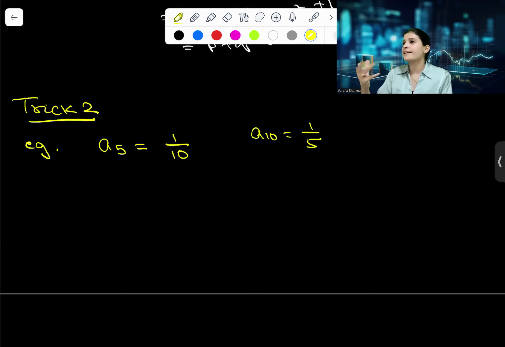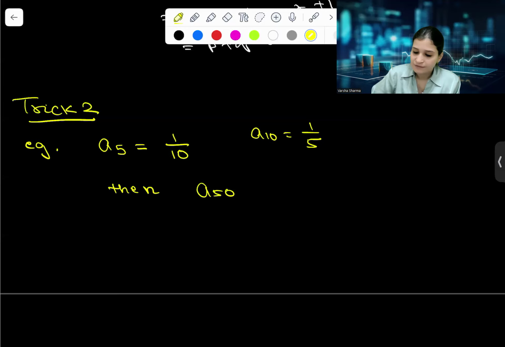Same thing, but just the reciprocal of the values. Then 5 into 10 is 50, so a50 will be 1. Yes?